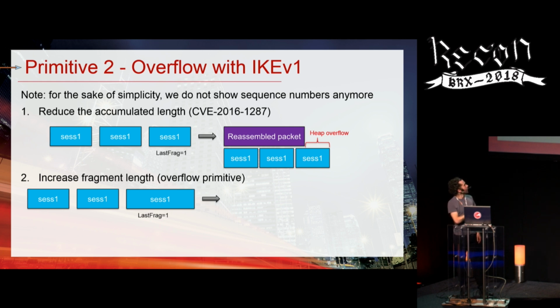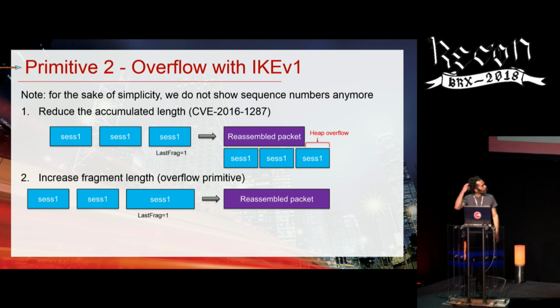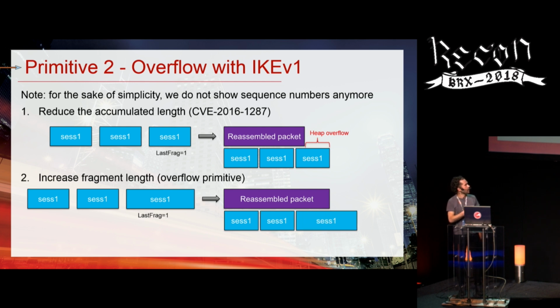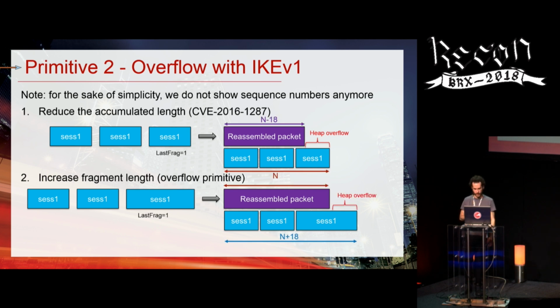Because it stored the accumulated length of the 3 fragments each time it received one, and now I've changed the length in memory, I'm able to allocate a reassembled packet of the supposed length, but copy more data because I changed the length of the actual fragment in between. That's the idea to increase the fragment length. I call it the overflow primitive.